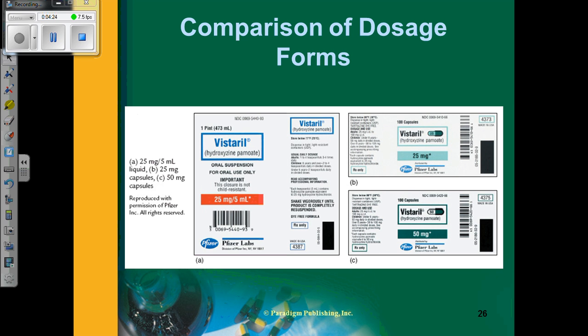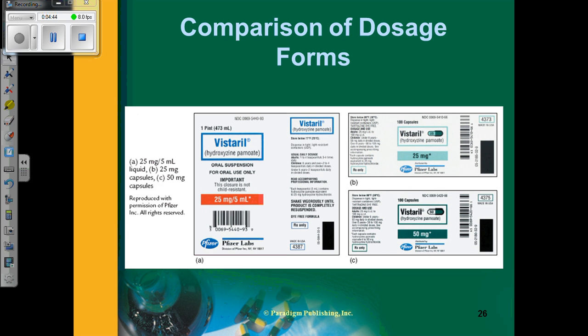So information about the particular strength, dose, and dosage form is also going to be clearly stated on the drug label. This picture is just showing you a comparison of the dosage forms. It shows the same drug in different dosage forms or strengths.